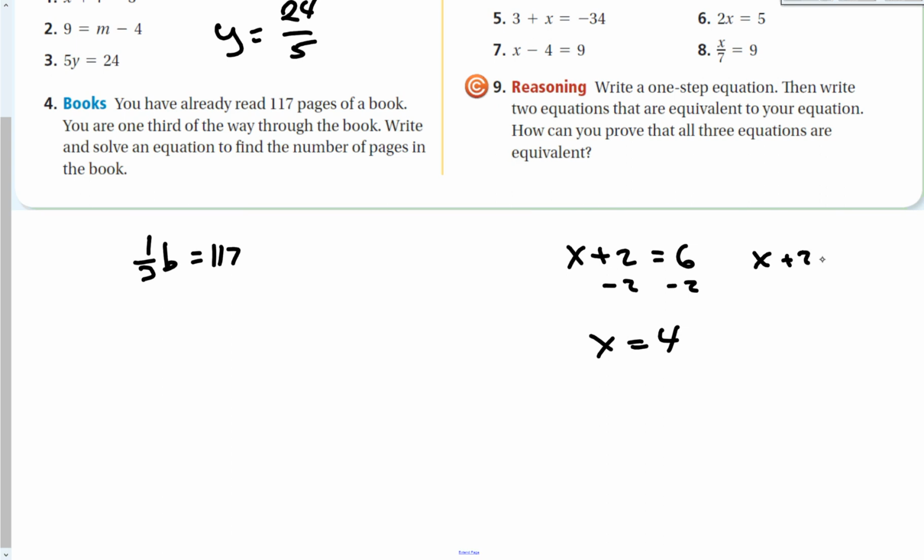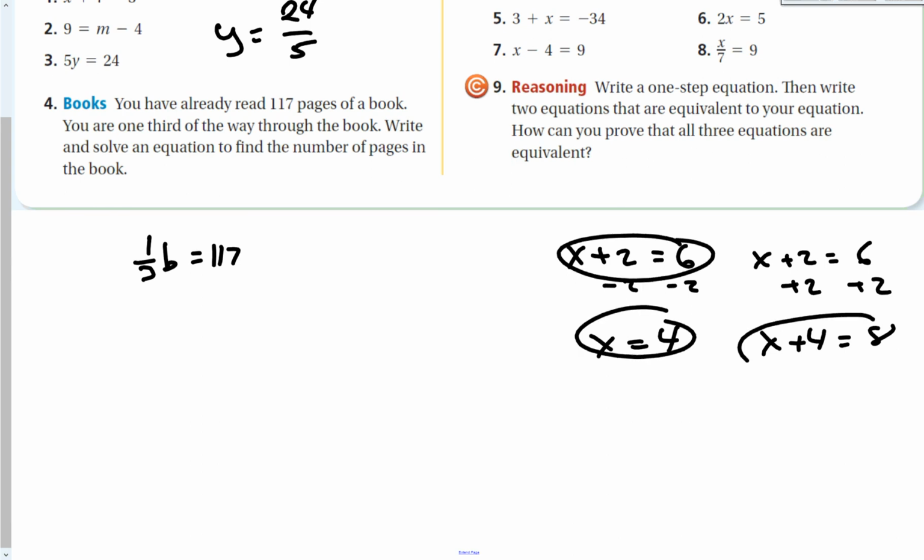Also, I could do something weird to get an equivalent equation, like adding 2 to both sides. Now it says x plus 4 is equal to 8. Those are still all equivalent equations. They are all equivalent to each other.